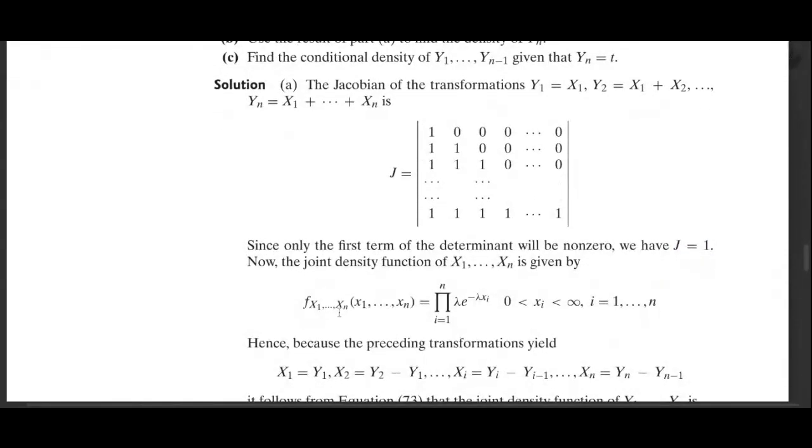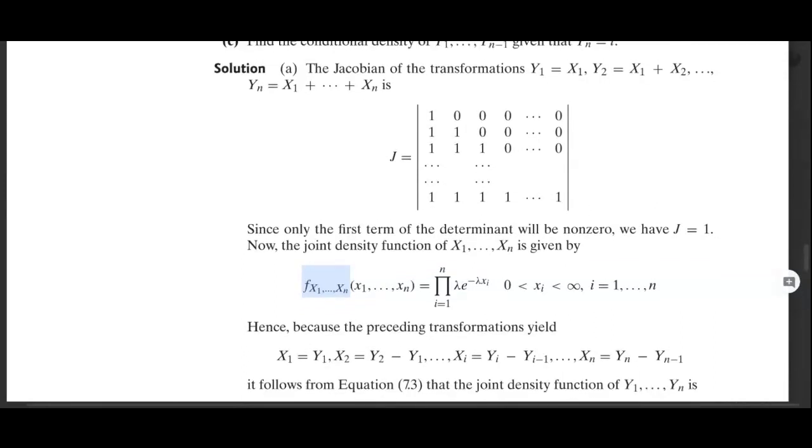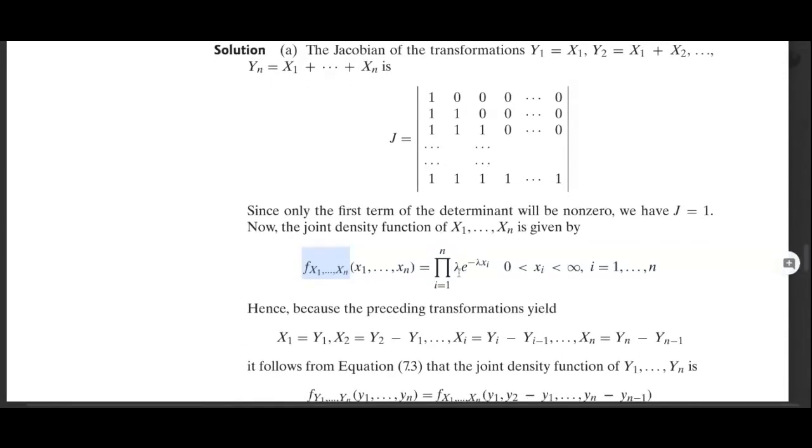Now the joint density function. So for x, this is for x equals the product of lambda times e to the negative lambda xi, and then multiply n of them, right? xi goes from x1 up to xn.